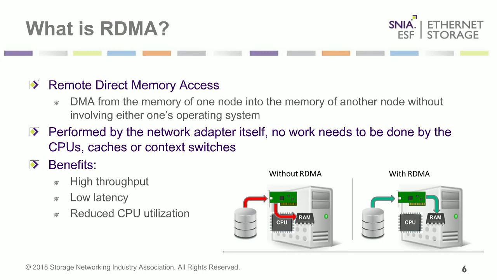While the CPUs may still be involved in processing the data or figuring out what needs to be transferred, the actual data transfer and the networking are offloaded to the network adapters. This means you get higher throughput, lower latency, and reduced CPU utilization, leaving more of the CPU power to do important things like run the application or the hypervisor and analyze the data. So that's the advantage of RDMA.